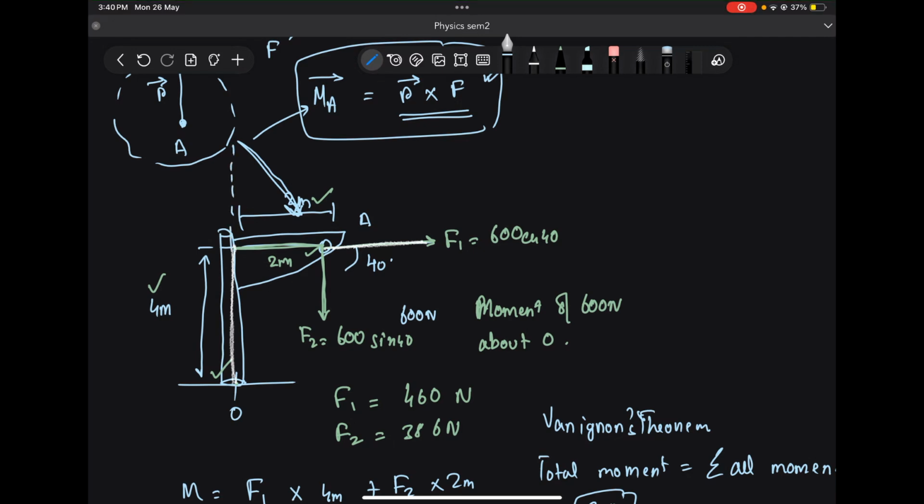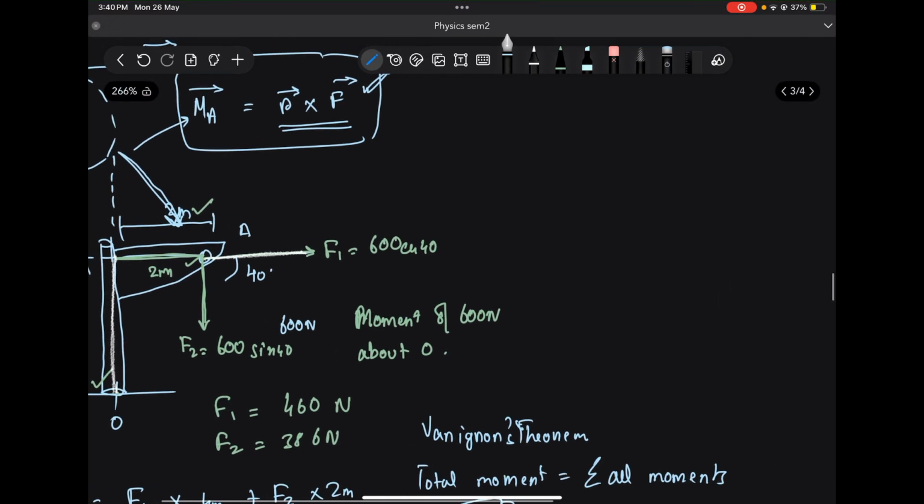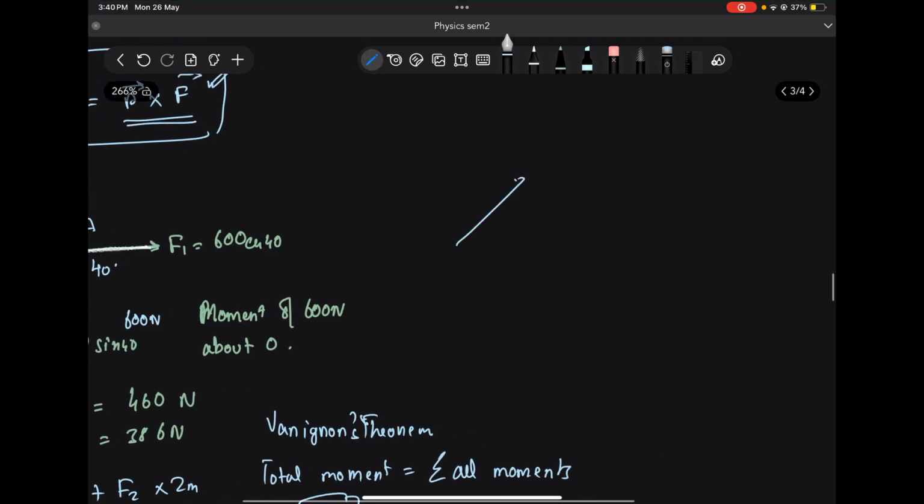Now, what the principle of transmissibility says, something you have already learned in vectors in your previous classes, is that if we keep the direction of a vector with the axis constant, we can move it to any place and the vector will not change.